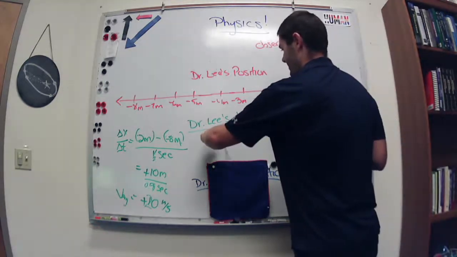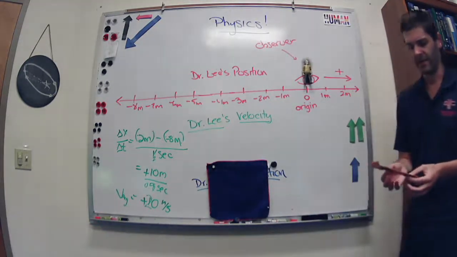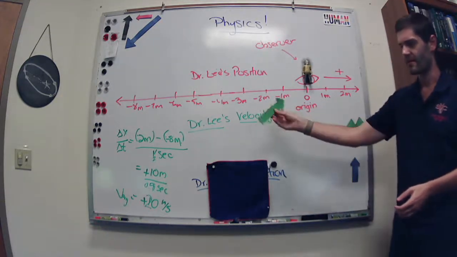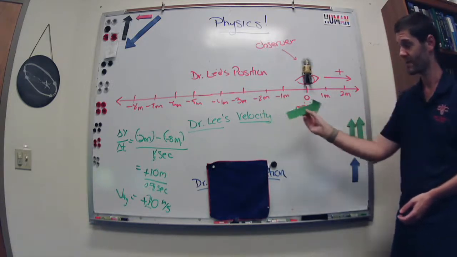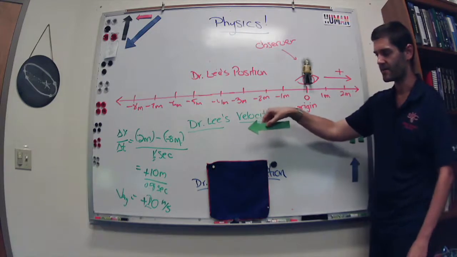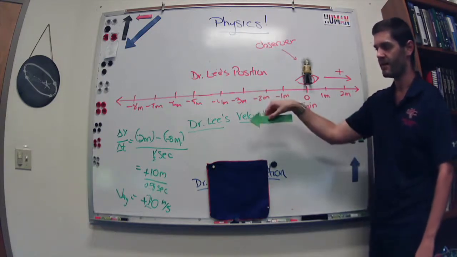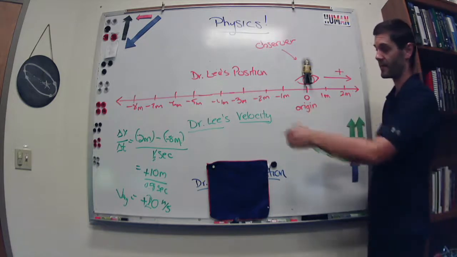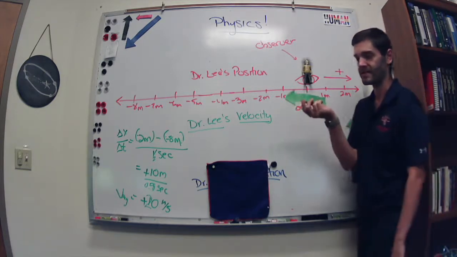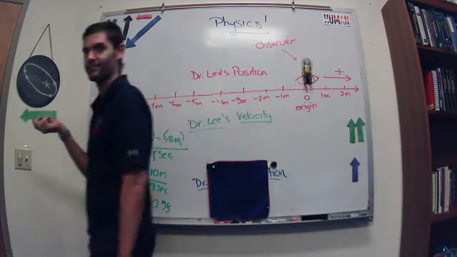So velocities, I think, the direction of the arrow is a little bit easier to grasp compared to what we're going to be doing next. Because the velocity arrow, whether it's negative or positive, is just telling you what direction I'm moving in. If I'm moving in the negative direction, then my velocity is negative and my arrow points this way.